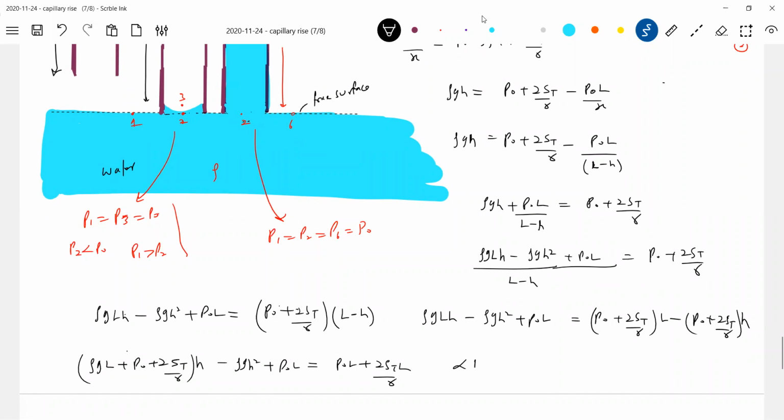Everything I'll call alpha H minus beta H square minus gamma equals 0. Solve for H, you'll get the required answer.